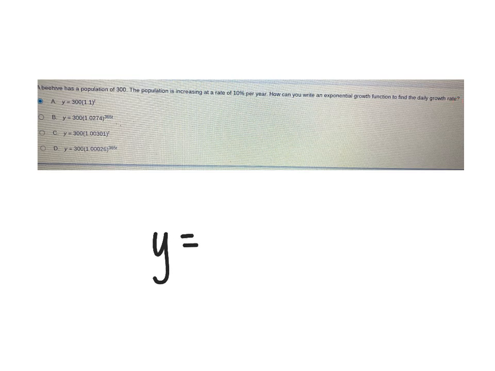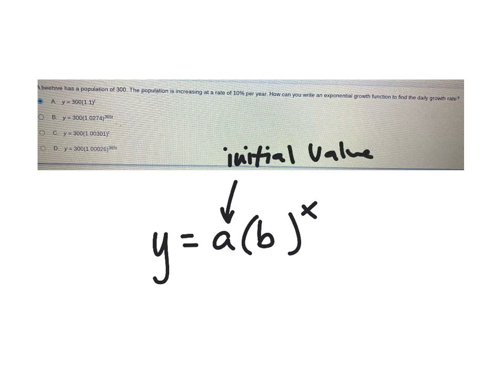You have your generic equation, y equals a times b to the x power. This a value is what we call your initial value, which is your initial population of 300. Your b is your growth rate.